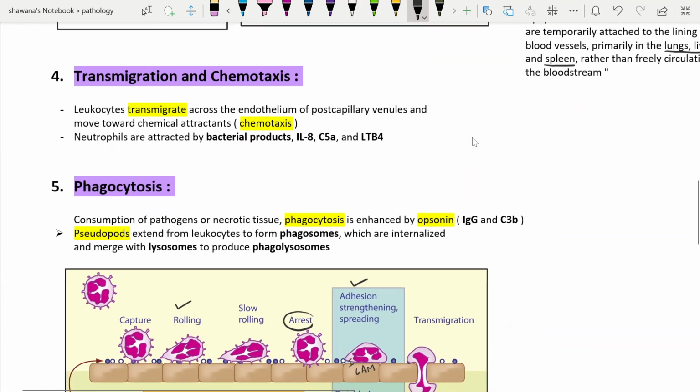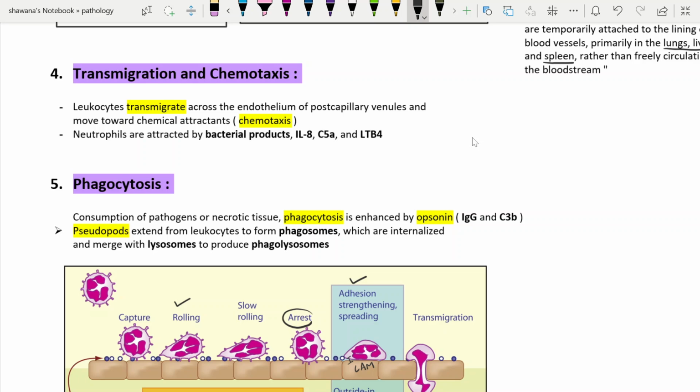The fourth step of this process is transmigration and chemotaxis, in which the leukocytes transmigrate across the endothelium of the post-capillary venule. We are discussing this whole process in which location? The post-capillary venule.